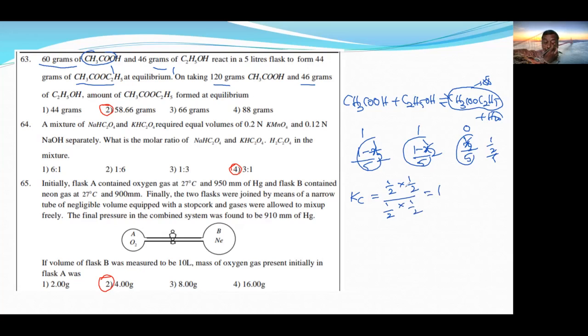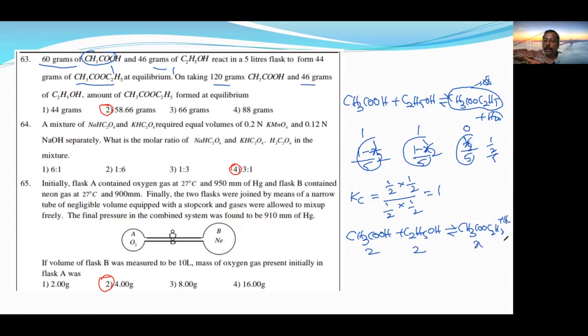So once you know the Kc, what will you do? You will use it for the second reaction. The second reaction will be the same, but only the values change. CH3COOC2H5, this will be 2, this will be 2, plus H2O.